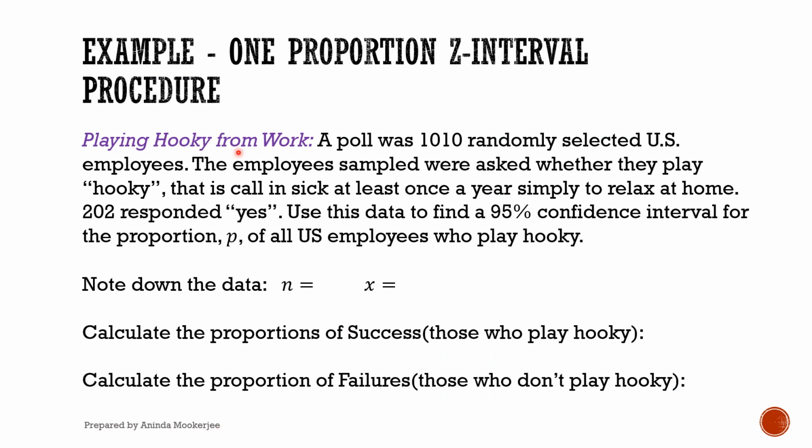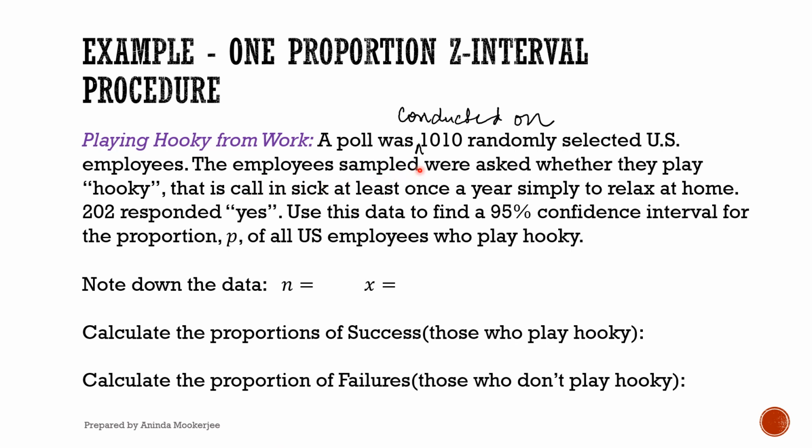So let's work this problem on the one proportion Z interval procedure. I'm going to work this out in a worksheet as well, but it doesn't hurt to go over it in this lecture too. It says playing hooky from work. A poll was conducted on 1010 randomly selected US employees.